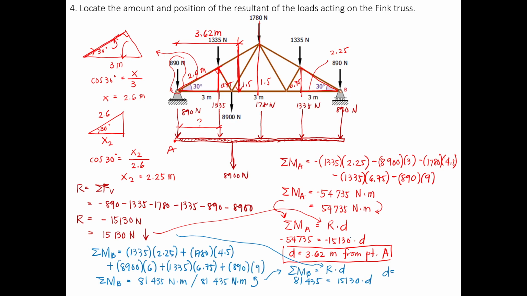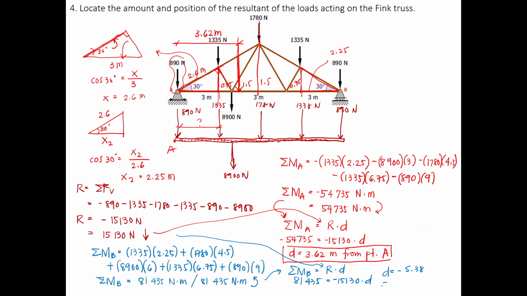So distance is negative 5.38. So meaning it's going to the left, right? Negative distance, since negative values are on the left of the zero.